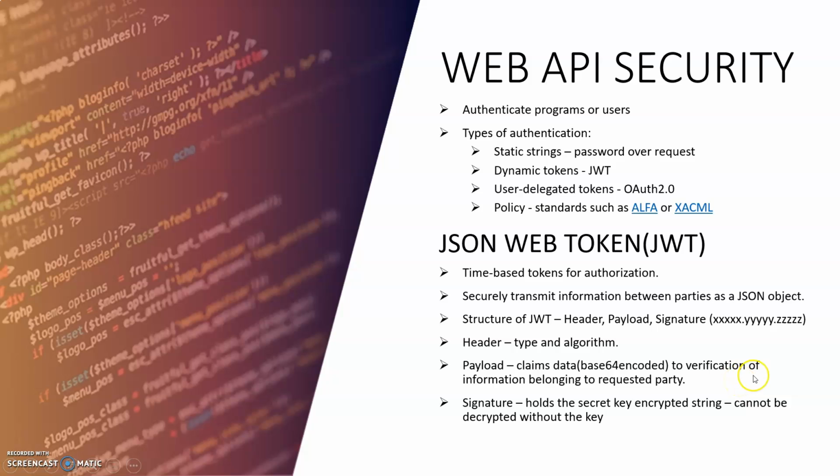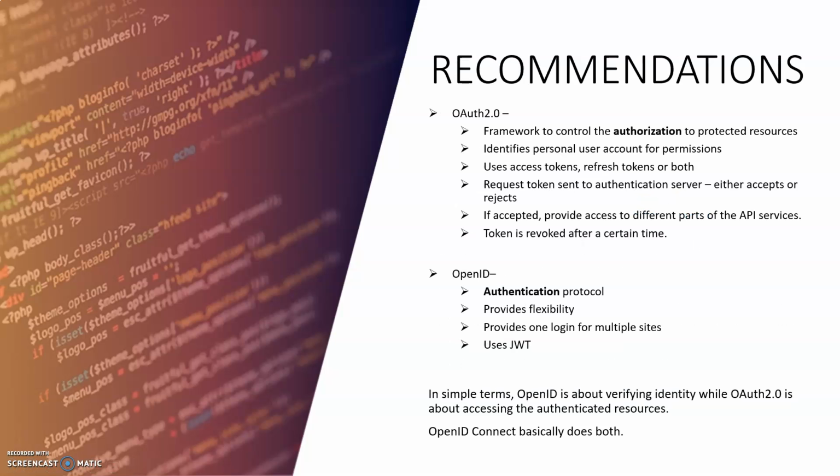Normally, we do not keep any sensitive data within the payload, and the signature part is an encrypted string encrypted using the secret key. We'll have an implementation of the JWT done while we take a look at the demo.